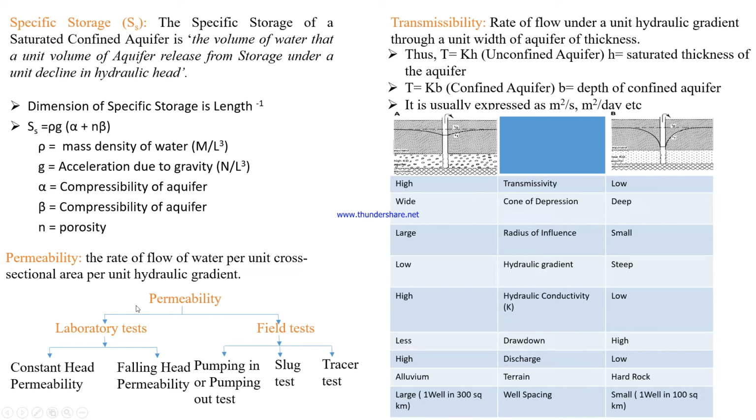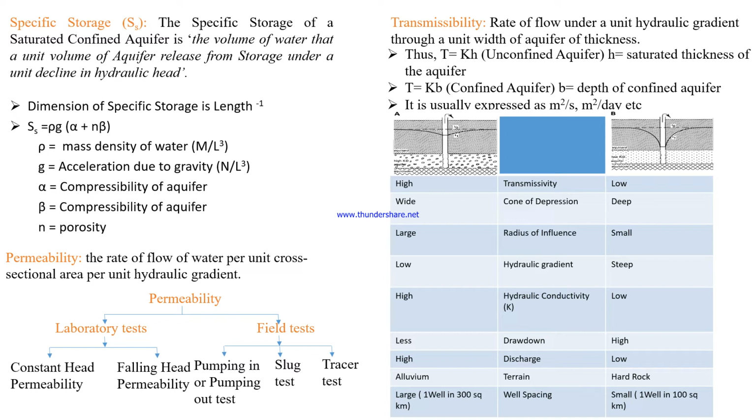To determine the permeability, there are different types of tests: laboratory tests and field tests. In laboratory tests, we have the constant head permeability test and the falling head permeability test. The field tests are the pumping in and pumping out test, the slug test, and the tracer test. Tracer means you add some chemical into the well and observe the direction the flow is taking.